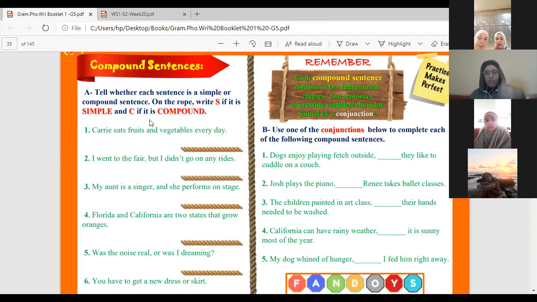Later, during the second session, we revise what we have covered now, the strategies to differentiate between the compound and the simple sentence, and then we solve exercise A together. You can find exercise A in the booklet, and yes, Raman, you have it on your tablet, it's okay. In case one of you doesn't have the booklet, you can find the exercises on the worksheet that is uploaded on the application.